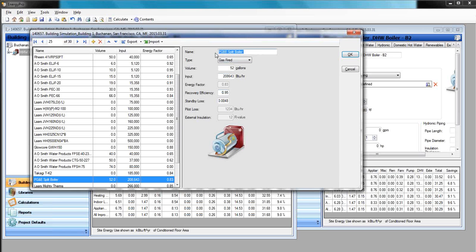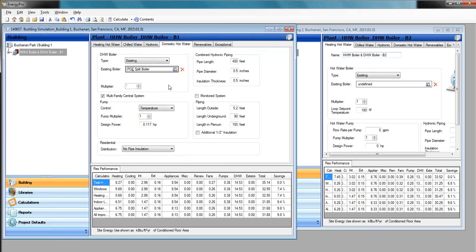This is the split boiler that I got from my domestic hot water split Excel sheet. Put that information in correctly for the building type, and then it's serving more than 6 units, so we need to select the multifamily central system checkbox there. And then we get into the different types of pump controls and other things like that.